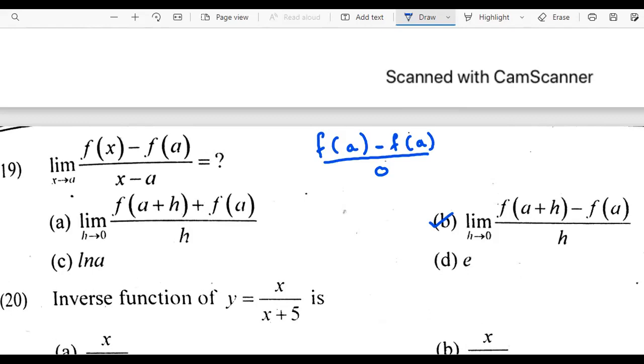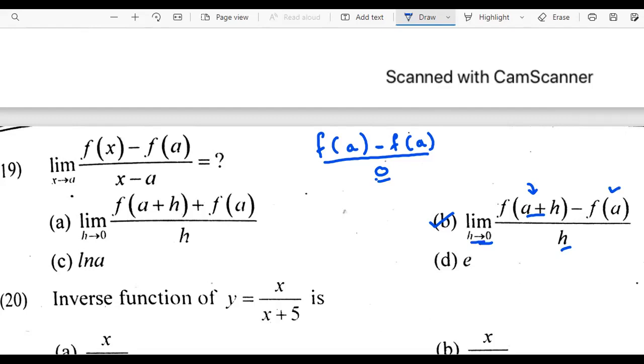Because with the same expression, we have a plus h here, and when we do h approaching 0, we will get f of a here. Then this is the same, and in the denominator we have h, but in the denominator of the actual function we have x minus a. We are getting 0 after applying the limit, and here again after applying the limit we will get 0 in the denominator. That is why the answer is B.